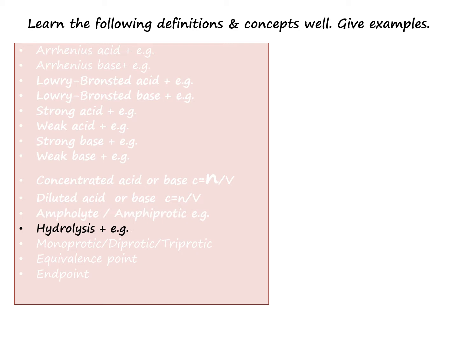Hydrolysis is a reaction of any salt with water, but let us use the simple table salt NaCl as an example. So write down NaCl + H2O → Na+ (aq) + Cl− (aq).